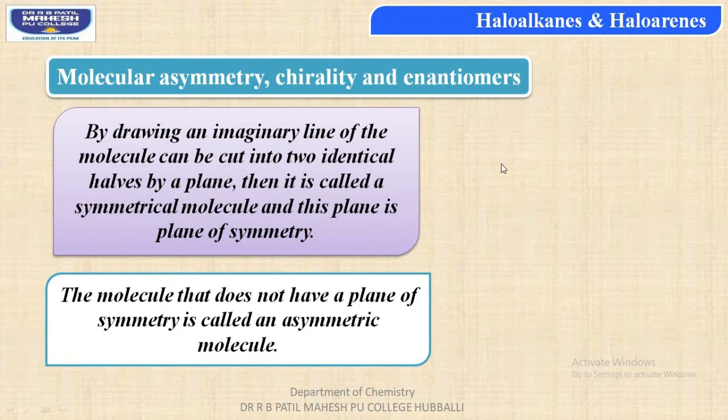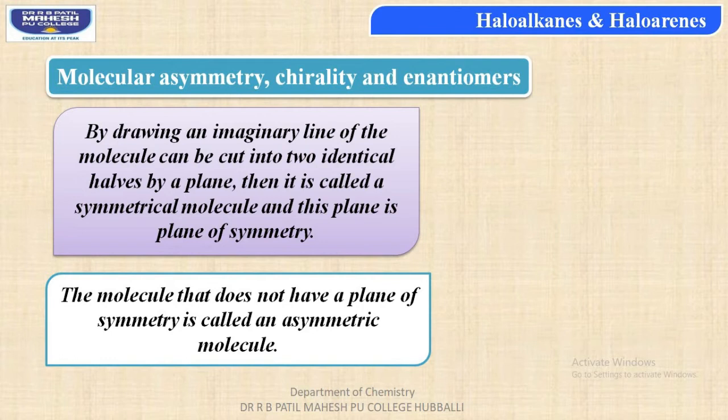If a molecule has been given to you and you are able to divide that molecule into two identical halves by placing a plane, then that particular plane which is dividing the molecule into two equal halves would be called the plane of symmetry, and that molecule would be said to be a symmetrical molecule.